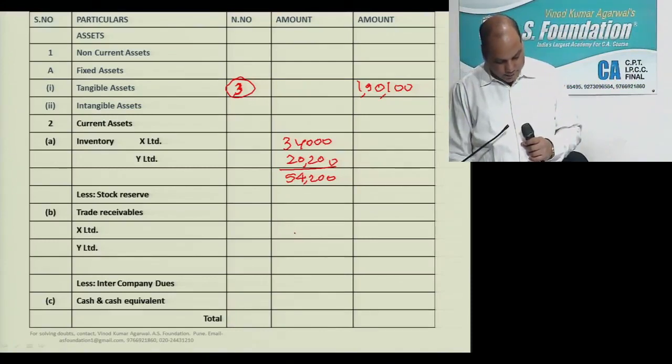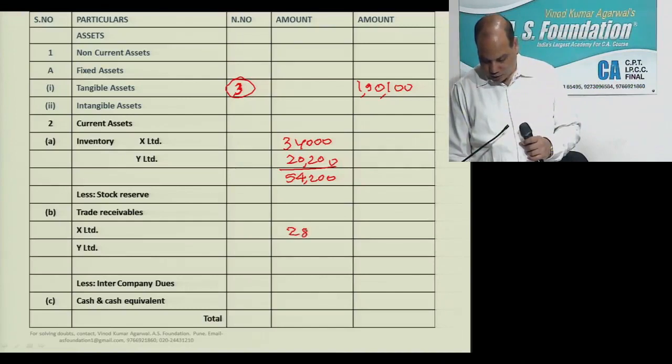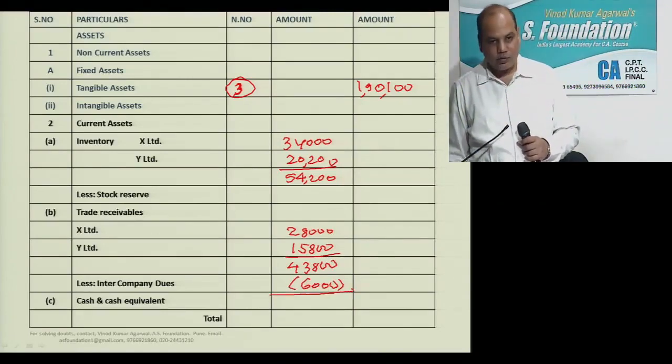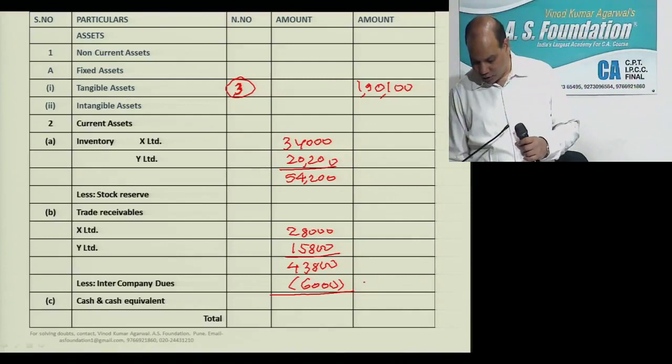X Limited, 28,000. Y Limited, total in the same column. 43 less intercompany dues. How much is intercompany dues? 6,000? Is it 6,000? Say yes. What is the balance? 37?